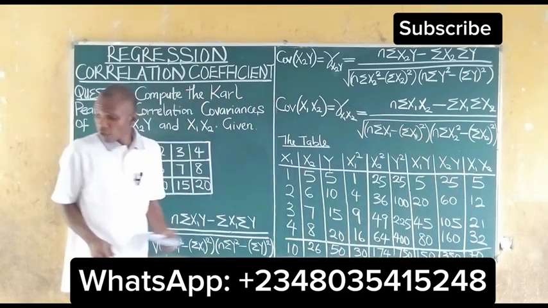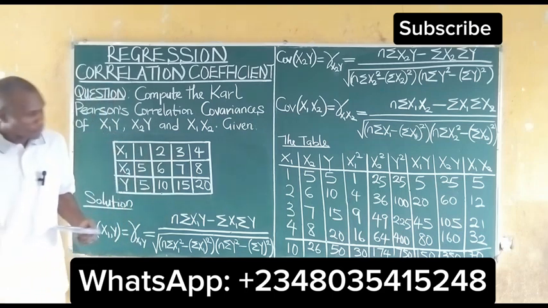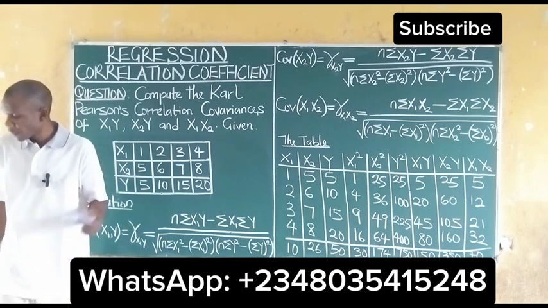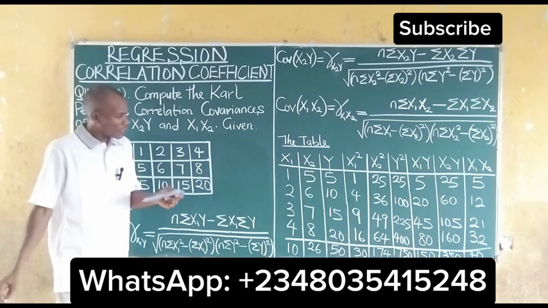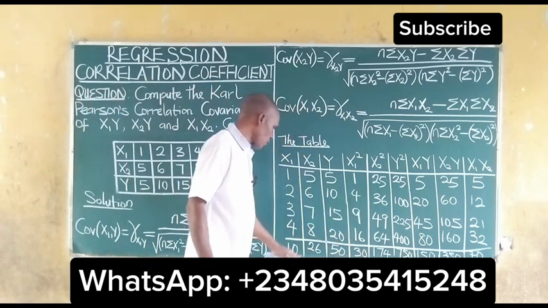So once we get all of this, it's just to write out the totals: 70, 350, 150, 750, 174, 30, 50, 26, 10.